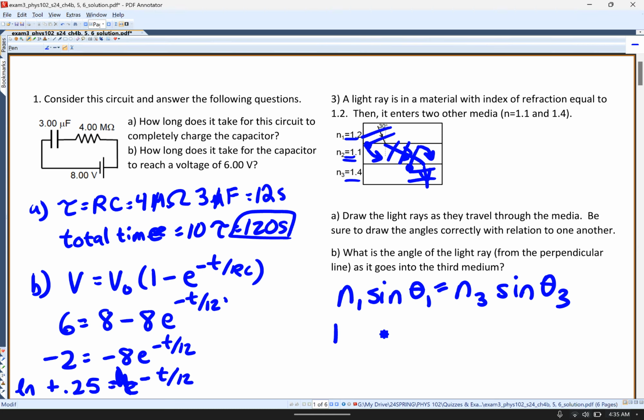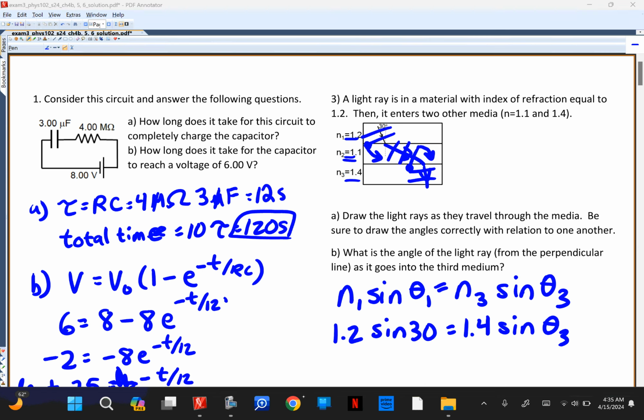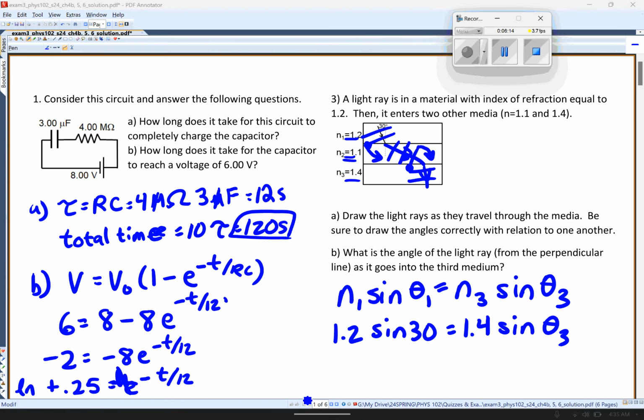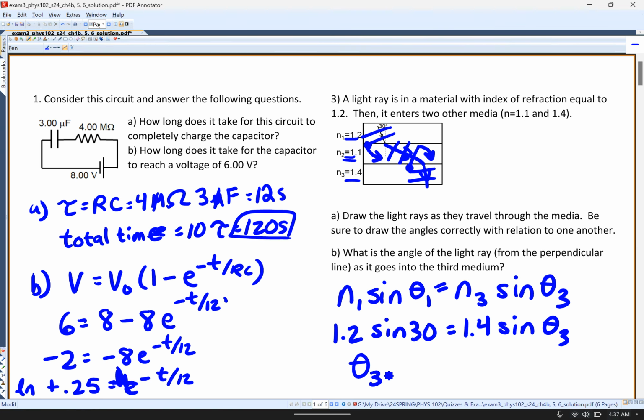Sine of theta 1, that's 30, is equal to N3, that's 1.4, sine of theta 3. And for that, I get that theta 3 is equal to 25 degrees. All right, that's the answer for B.